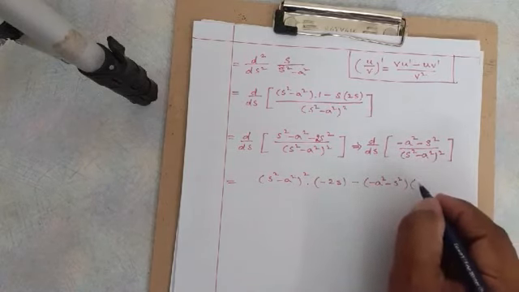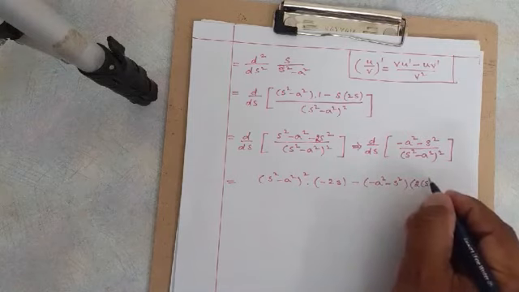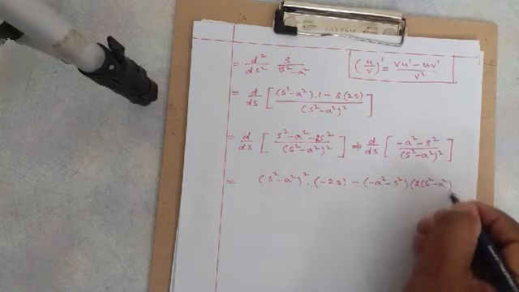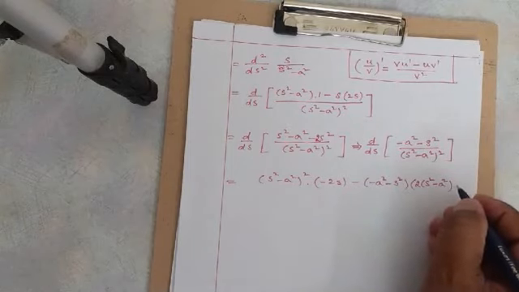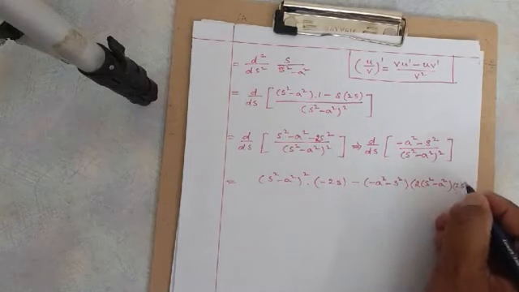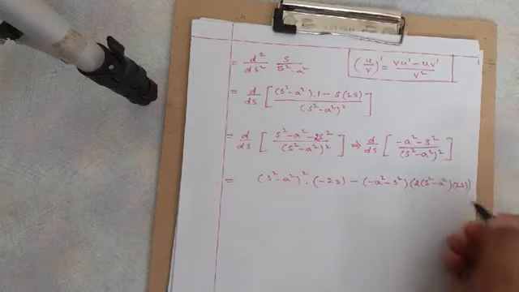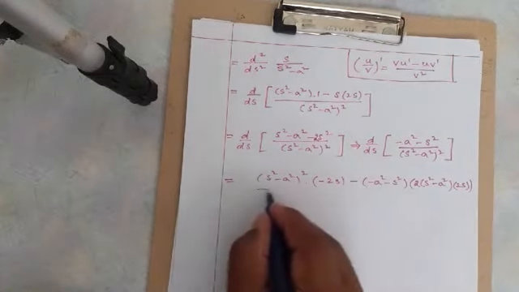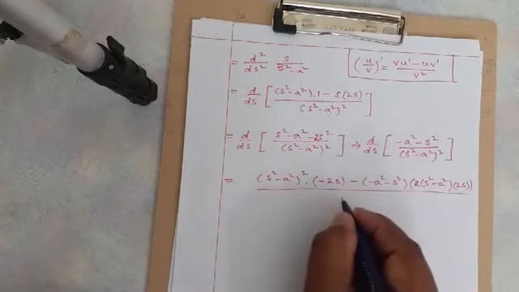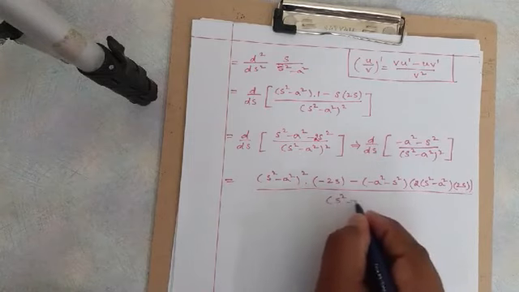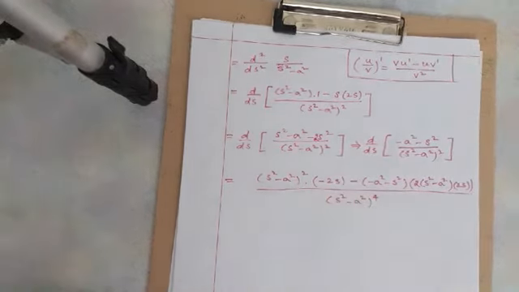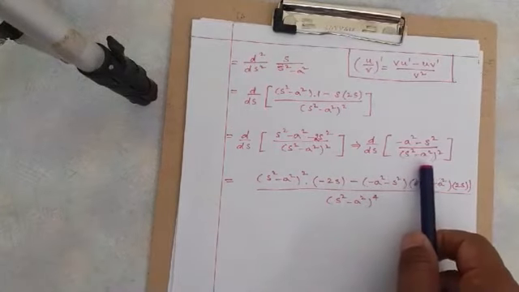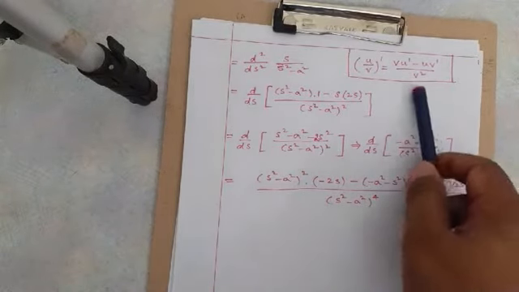So first you get 2 into s square minus a square. Again, if you differentiate the inner function, then you get 2s. Okay, so close the bracket. Then we have upon s square minus a square whole power 4, because v is s square minus a square whole square, but in the formula we have v square.